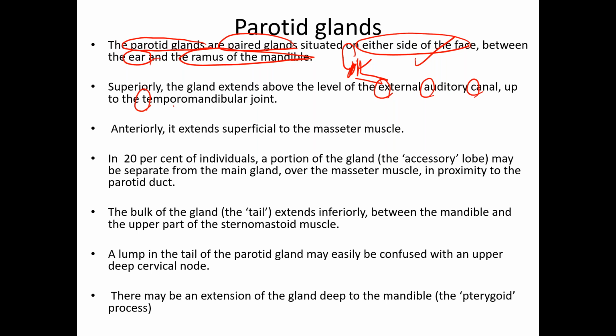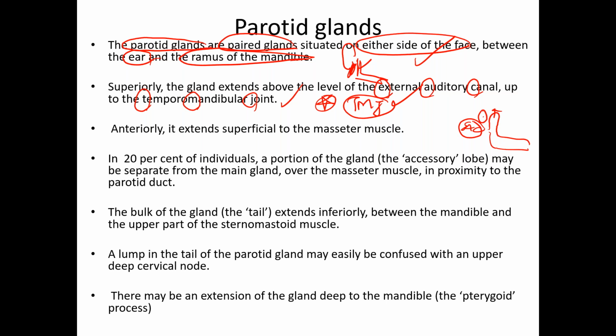And where does it extend? Up to the level of the temporomandibular joint. The temporomandibular joint lies just in front of the EAC, the external auditory canal.